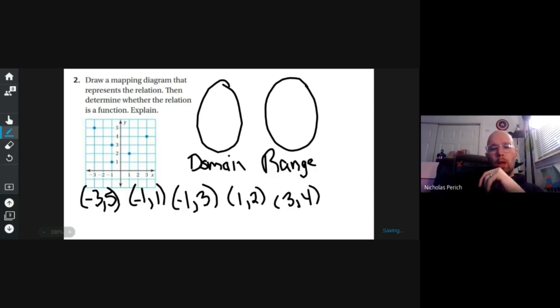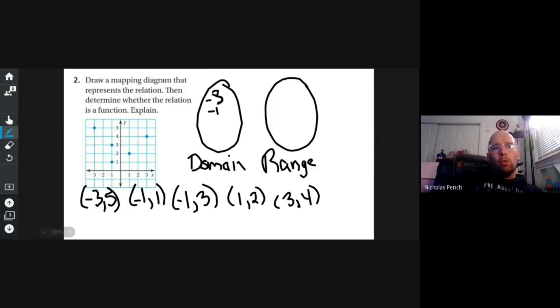All right, now in the domain, I put my x values. I have -3, -1, -1 again, 1, and 3. -3, -1, -1 again, but I will never write it twice.